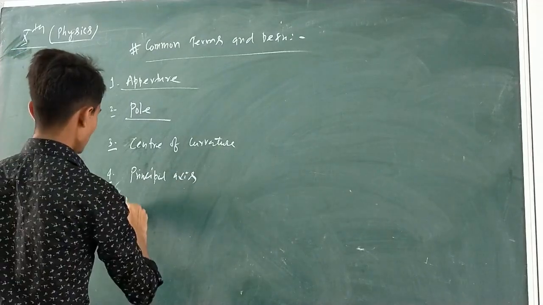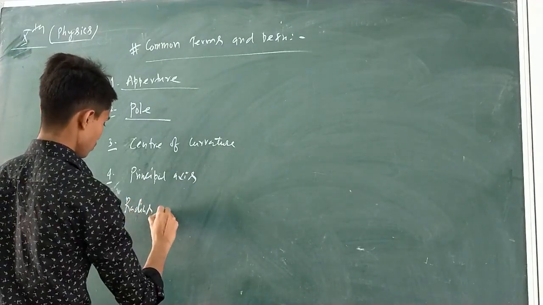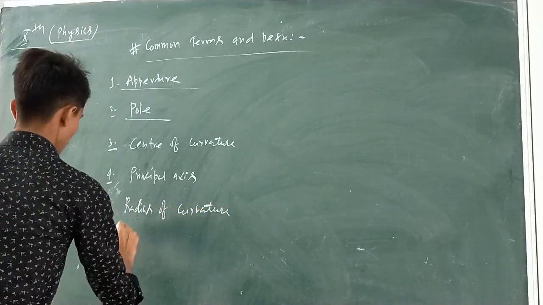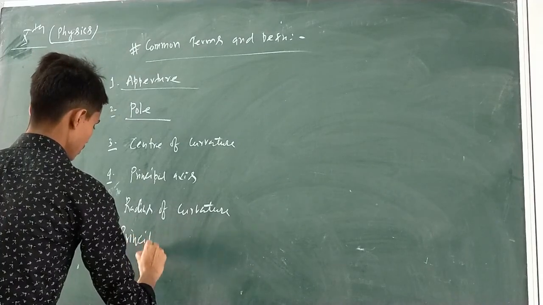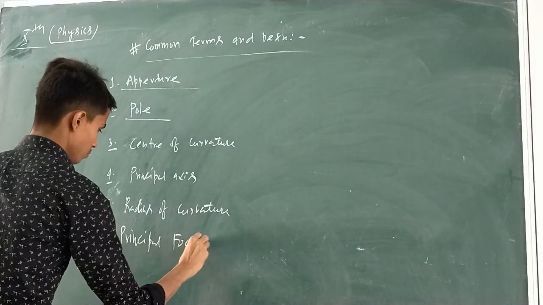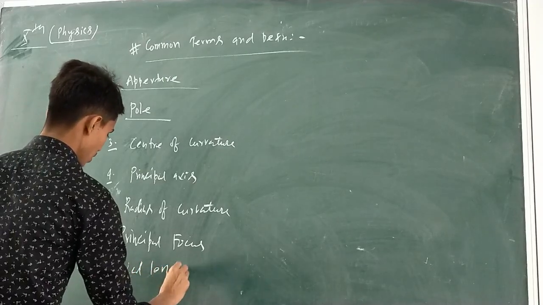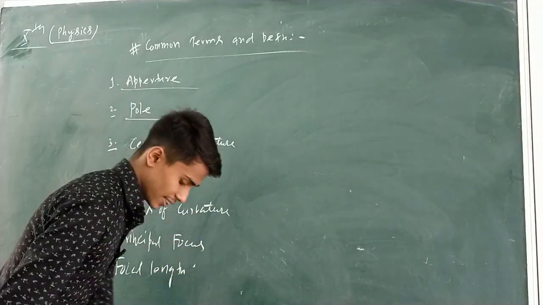Then we will discuss radius of curvature. Then we will learn about principal focus, and lastly we will learn about focal length of a spherical mirror. Let us listen now.